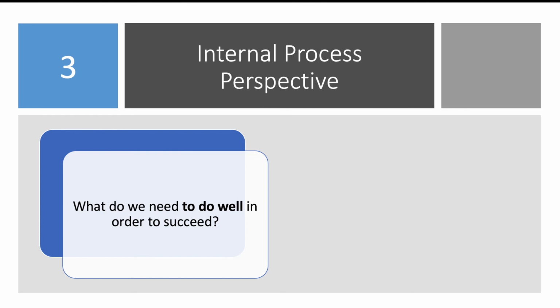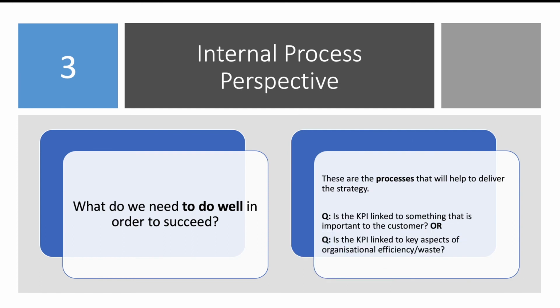This is the question that you have to ask. These are the processes that will help to deliver the strategy. If the process is up to the mark, then it means the strategy will be delivered. Is the KPI linked to something that is important to the customer?